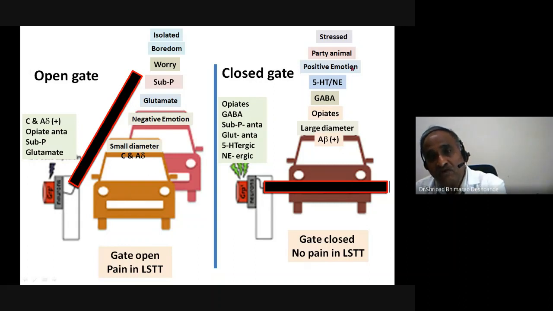The positive emotions, from the descending influences, close the gate. The social aspects: here is your party animal. The person is social, trying to contact and talk to everyone, and enjoys music and parties. All these activities are positive, so he will not feel the pain, and this gate is closed.